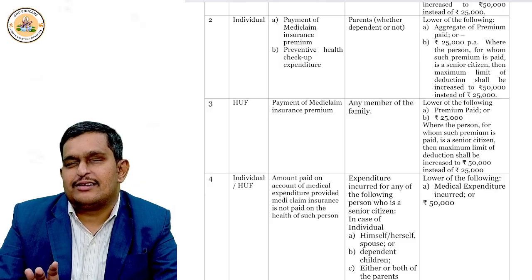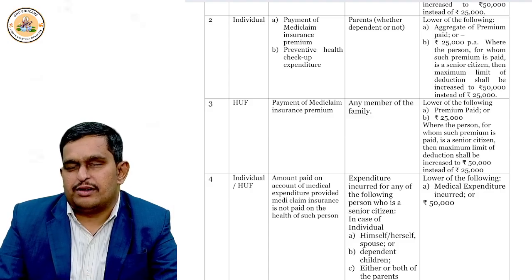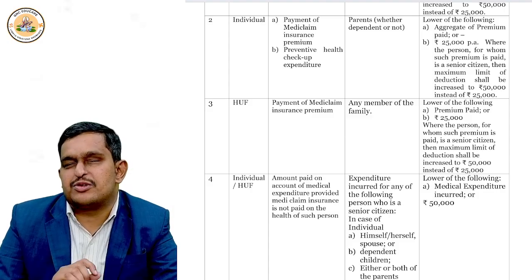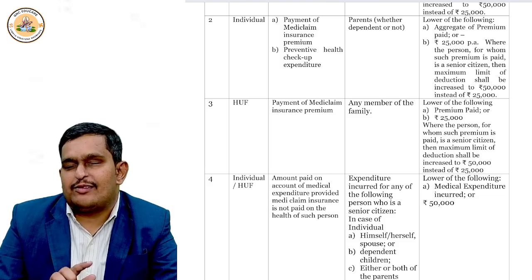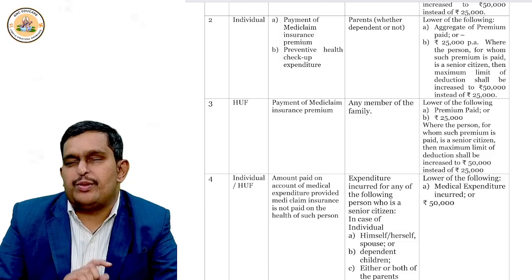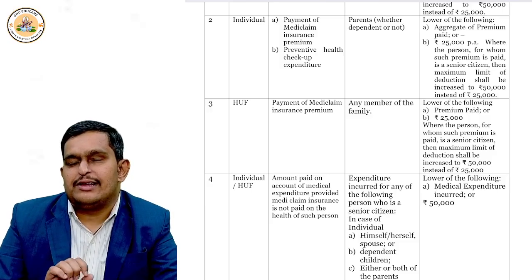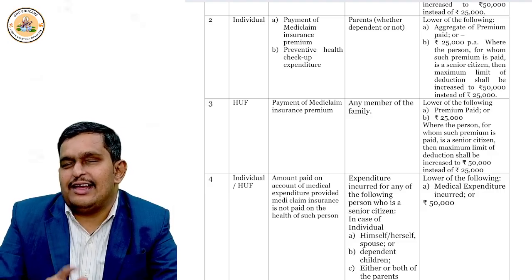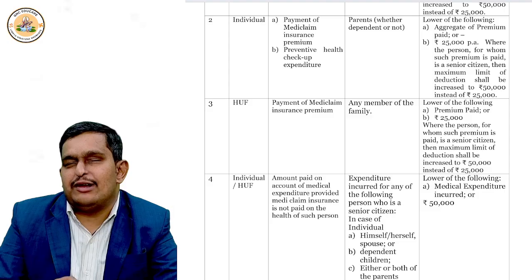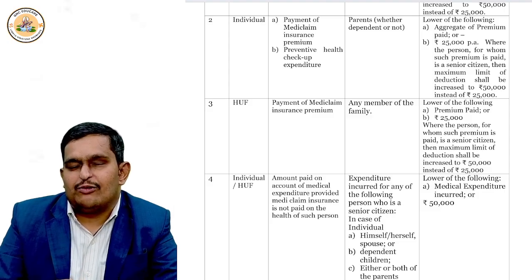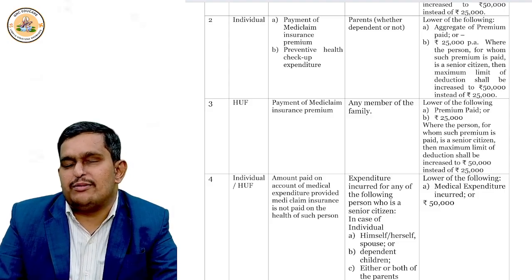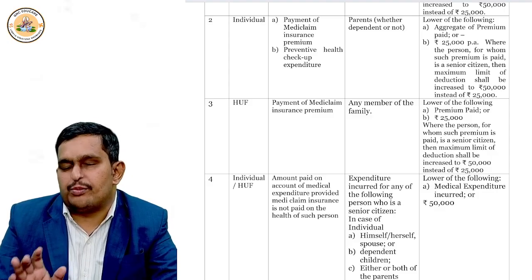They are covered here. Okay. And you can take a health insurance policy for any amount. But deduction will be actual premium paid or rupees 25,000, whichever is lower. And same concept, if there is a senior citizen in the HUF, then 25,000 will be replaced by 50,000 rupees.